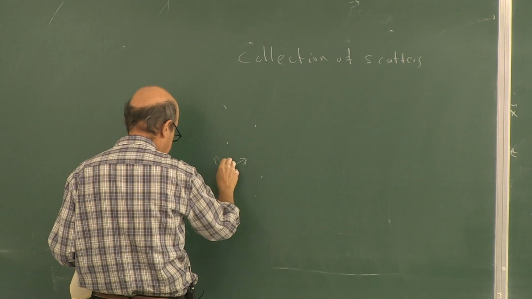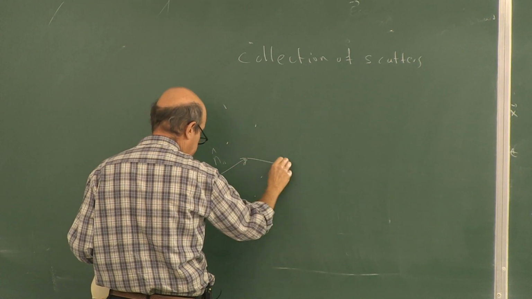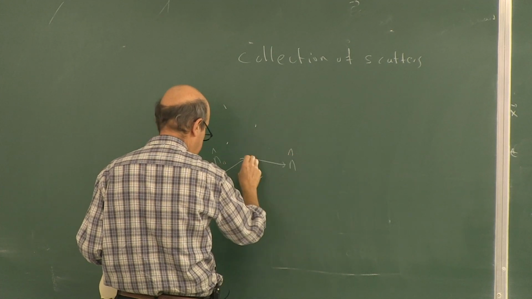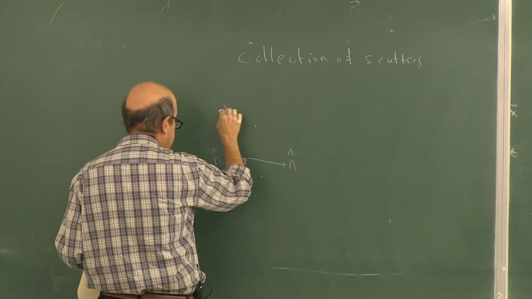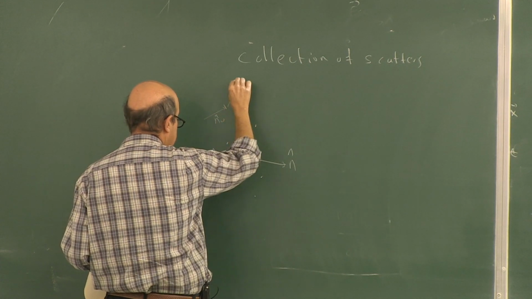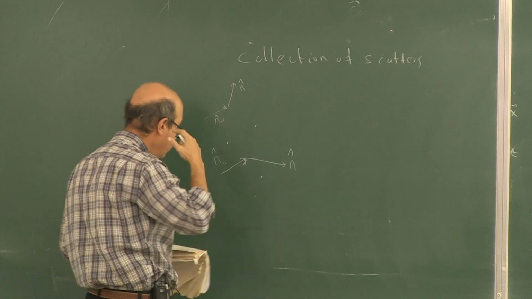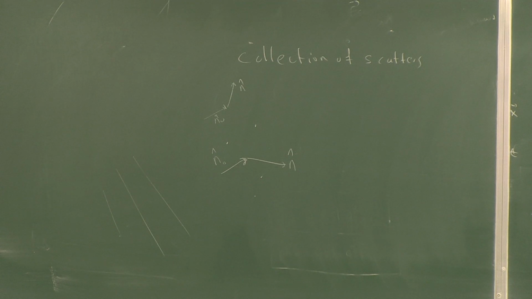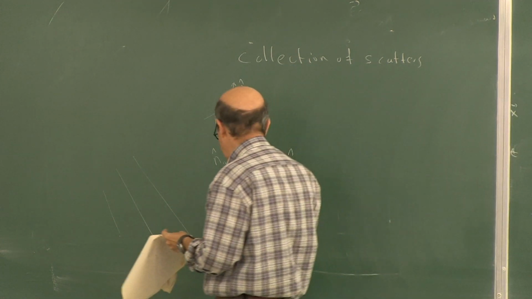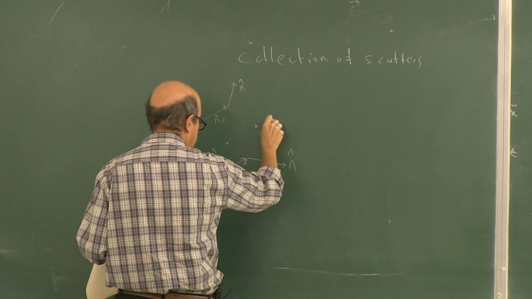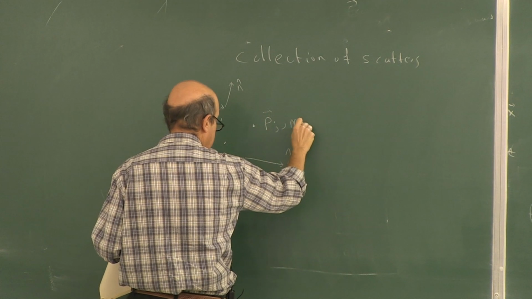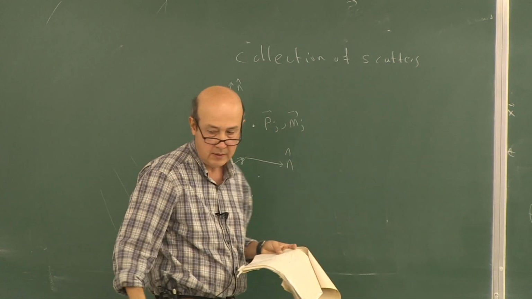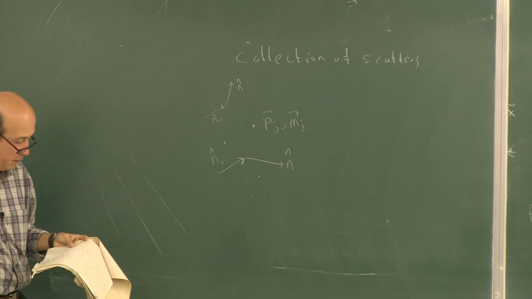So that will have some n0, and after the scattering that will have some n, and here that will be some n0, and then some n if you have a collection of scatterers. Each point here will behave as oscillating electric and magnetic dipoles and induce their own radiation, and we will see them as scattering. The situation is the following. At each point you have scatterers. They are basically electric and magnetic dipoles.